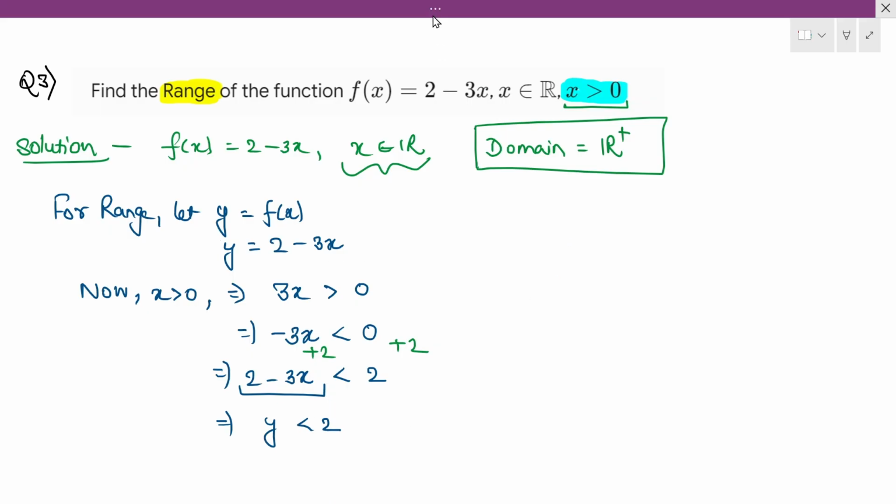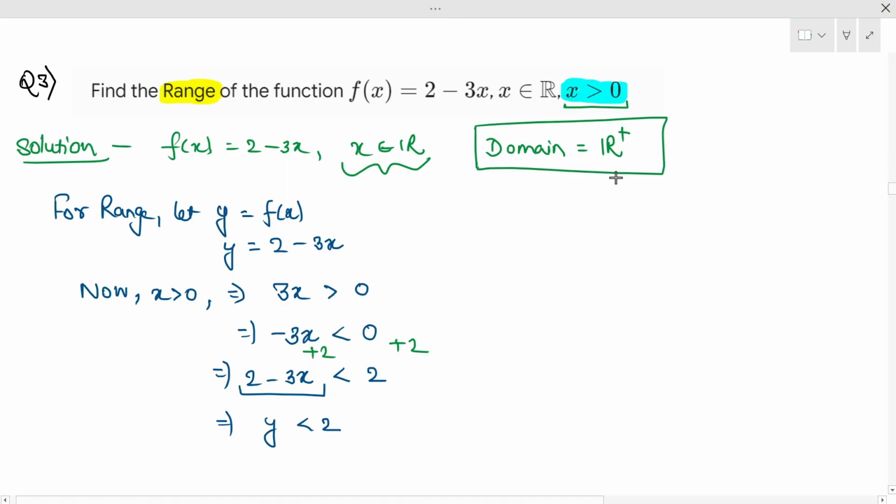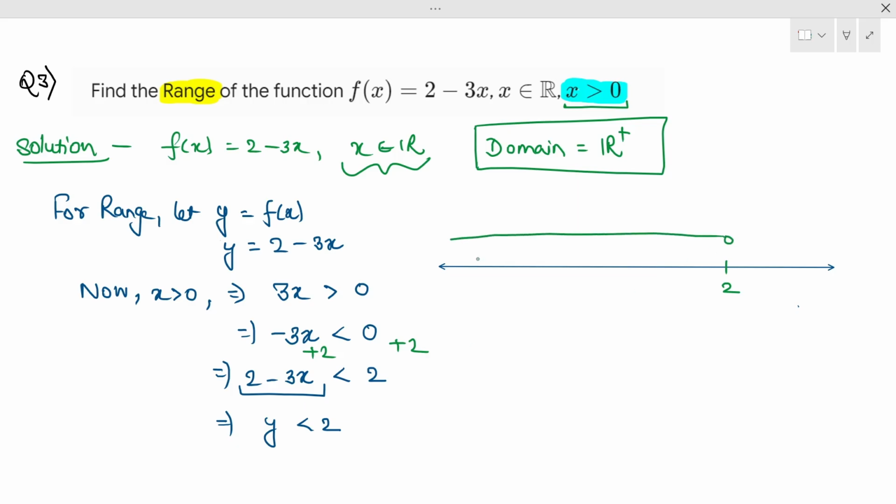So you can imagine a number line, and let's say this is 2. y less than 2 means we should draw an open circle here and it goes till minus infinity. So y less than 2 means y belongs to minus infinity to 2.